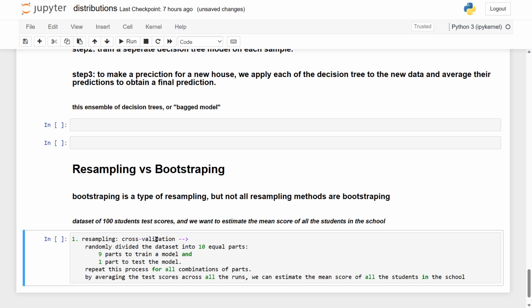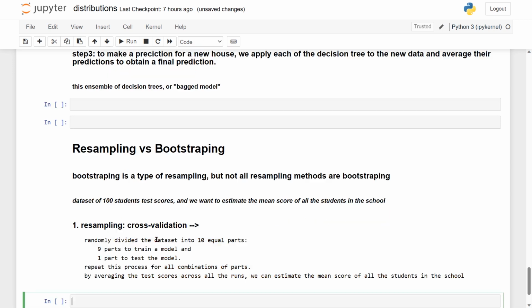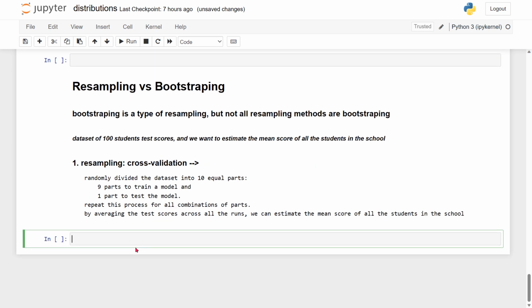So this is called resampling with cross validation.